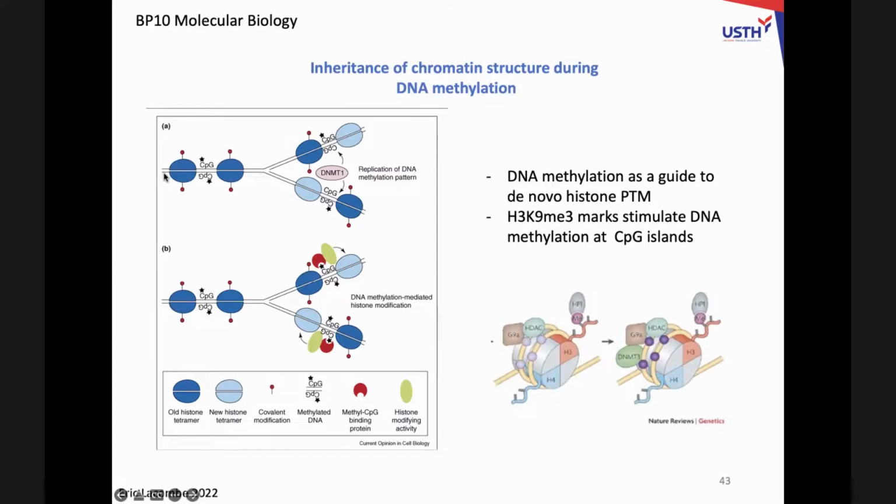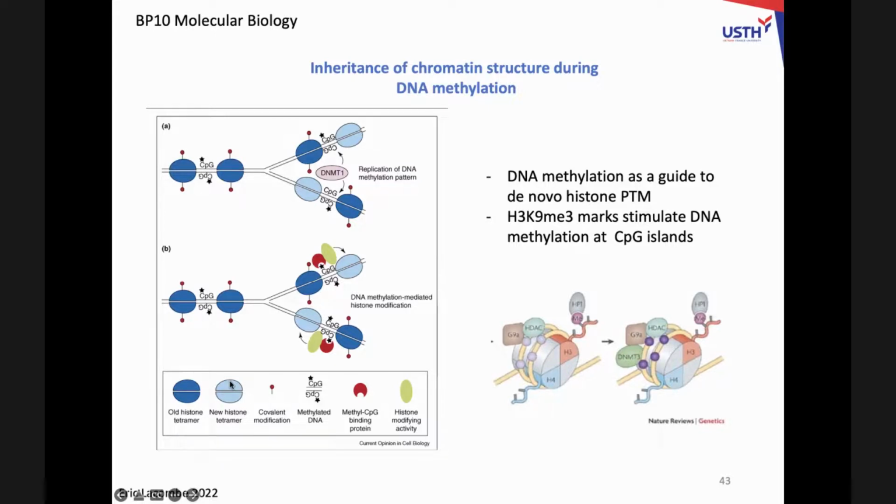Okay, and here we have a partial explanation of the phenomenon. The schematic, you have to read it from left to right. Left is the DNA of the mother cell, and right is the duplication of DNA. It's written here, a replication of DNA methylation pattern. You've got the legend here. Dark blue is old histone, and light blue is the new histone.